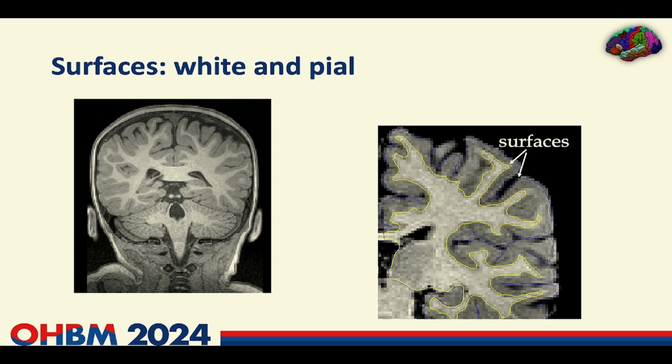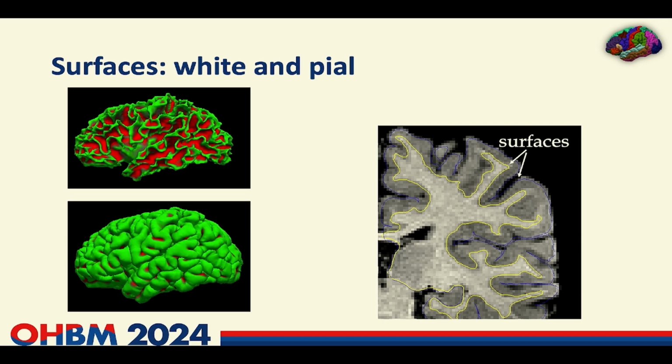The two main surfaces that we recover are called the white and pial surfaces. On the right-hand side, I showed you their placements. The white matter surface, as the name indicates, is the boundary between the white matter and the gray matter. And the pial surface is the one that separates the gray matter from the CSF.